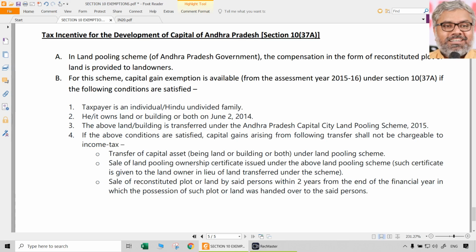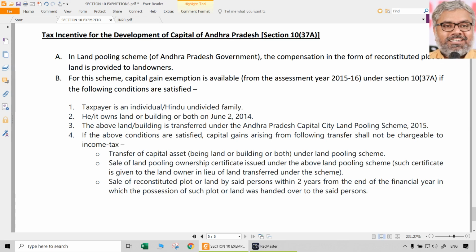So what the Andhra Pradesh government then did was they collected the land from farmers in the land pooling scheme. It is a kind of development agreement only, just similar to 45(5)(a), but not exactly the same, but very similar to that. The only difference is here the developer is who? The government itself.